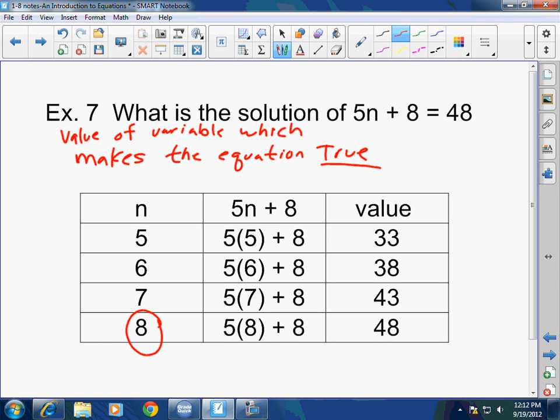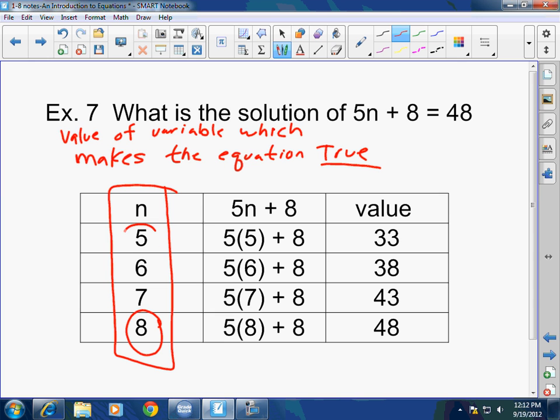You may think, why is he even asking us this? To start learning how to read tables. You have to realize that this table has a couple things to it. Over here, these are the values of n. These are the values of the variable that are either going to make this equation true or false.